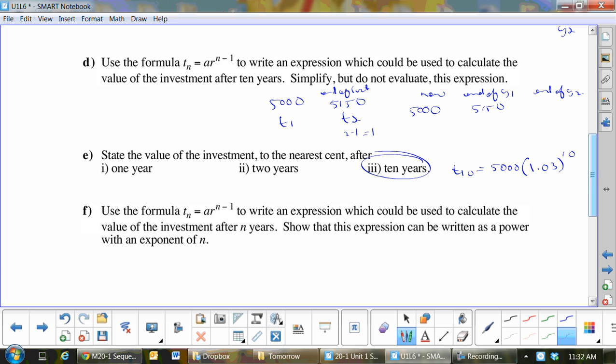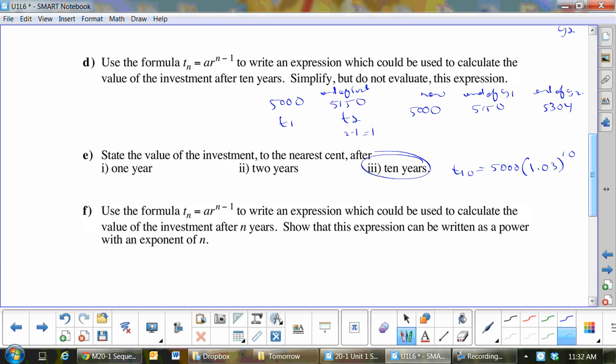Okay, someone got it? What is it? 53. Okay, so 53. Well, that's good enough, though.